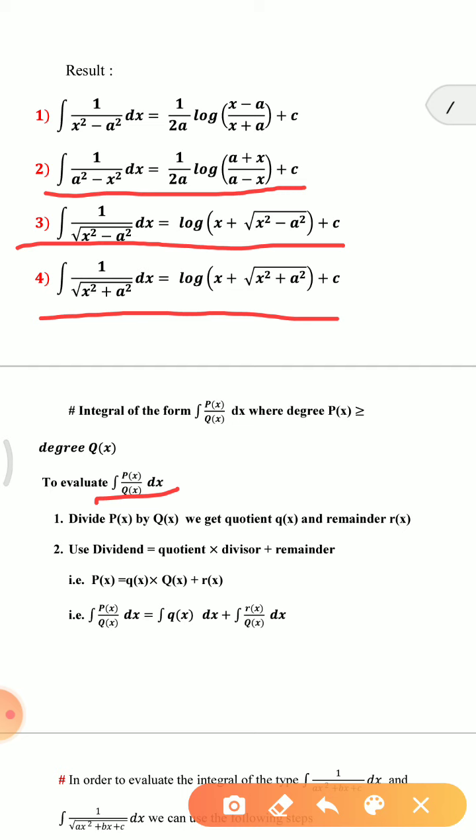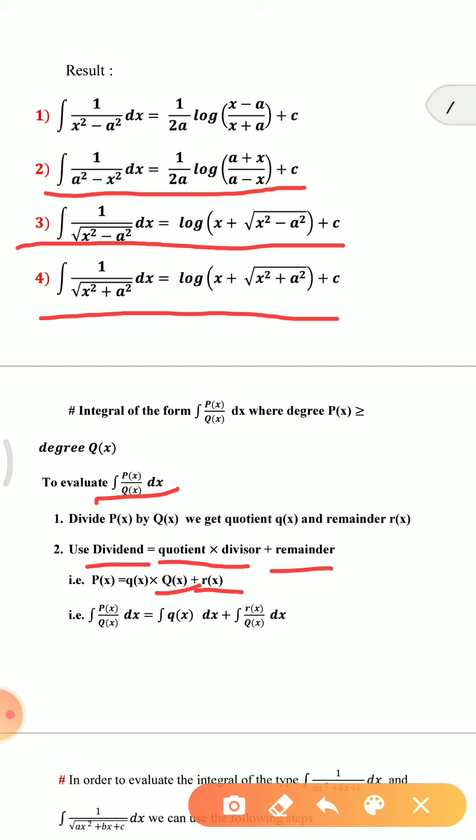You know the formula already from school: dividend is equal to quotient into divisor plus remainder. That means p(x) is the dividend, the quotient is small q(x), the divisor is capital Q(x), and the remainder is r(x).